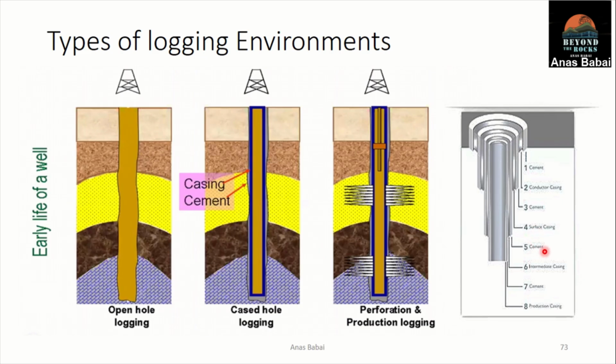Then we cement the surface casing, then we put the intermediate casing, then we do cementing for the intermediate casing in order to be fixed in its place. Then we put our production casing, and then we cement this production casing in the last stage in order to prepare it for perforation and production.